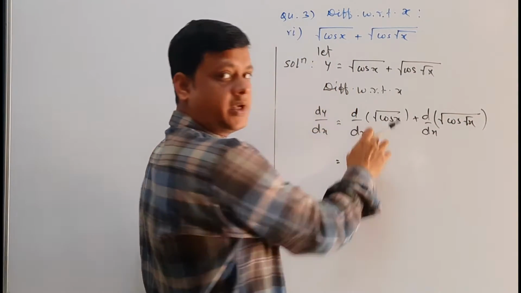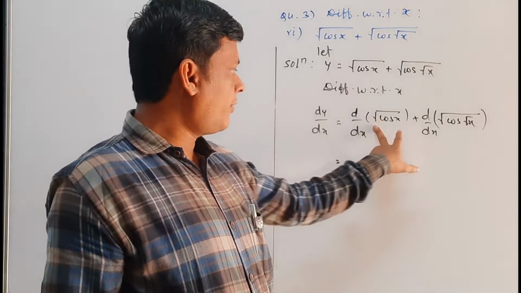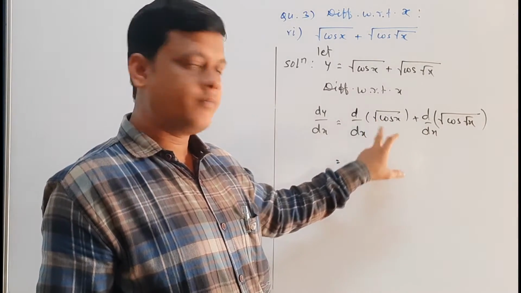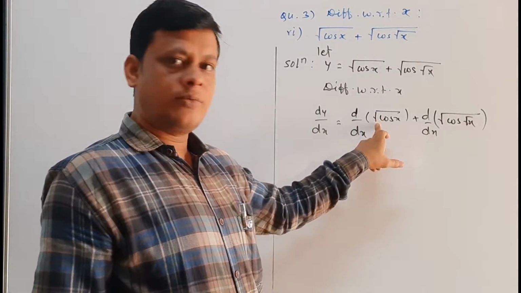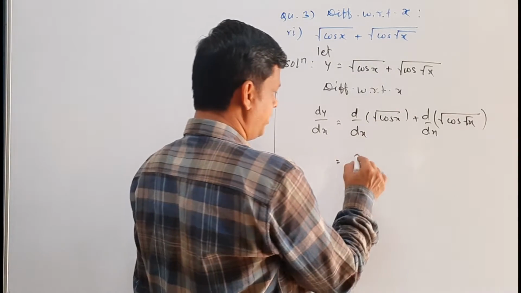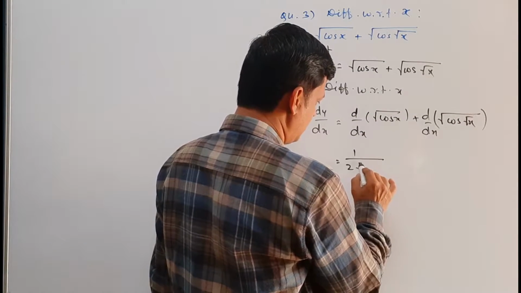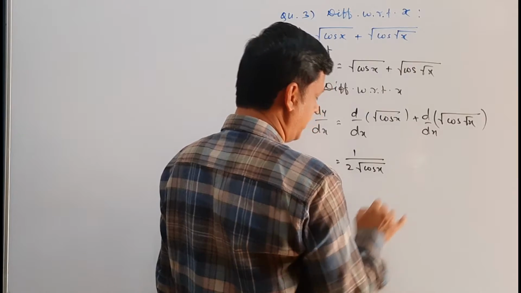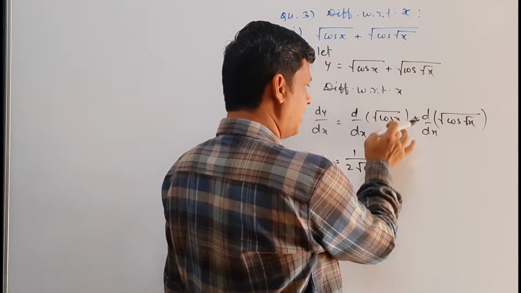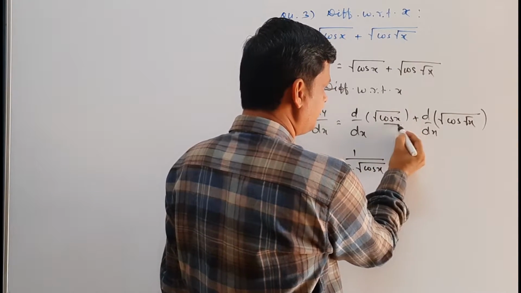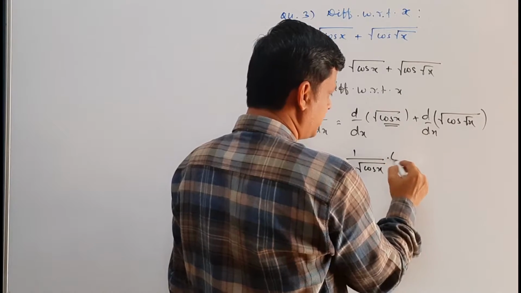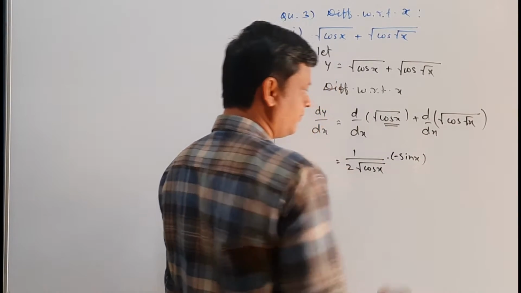Now here this root of cos x is a composite function, so we have to find the derivative of this root first. The derivative of root is 1 upon 2 root, so we write 1 upon 2 root cos x. Then we have to find the derivative of cos x, and the derivative of cos x is minus sin x.